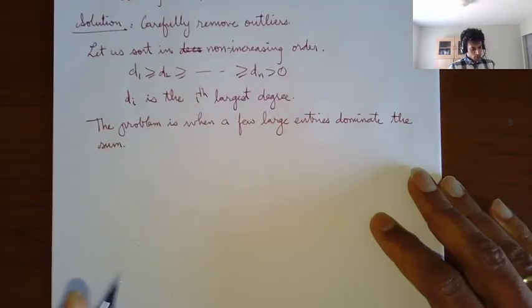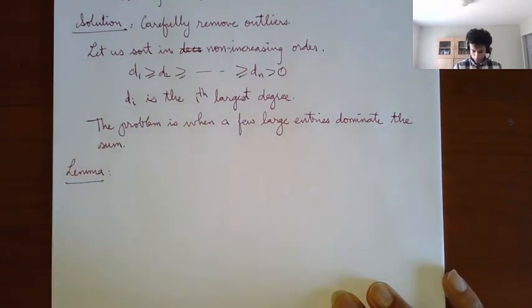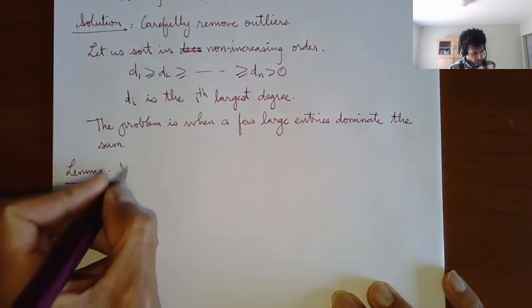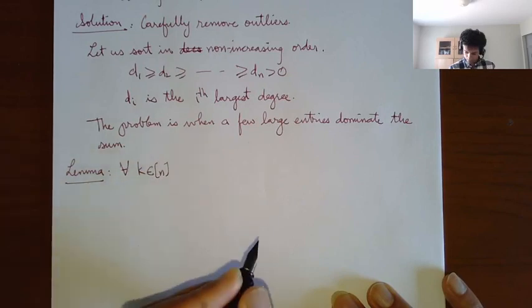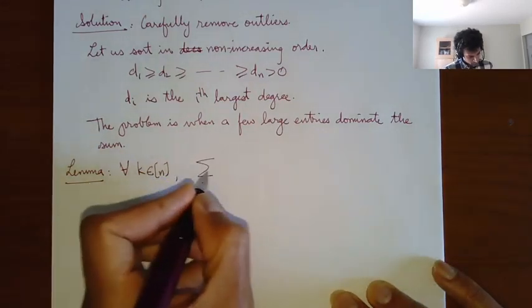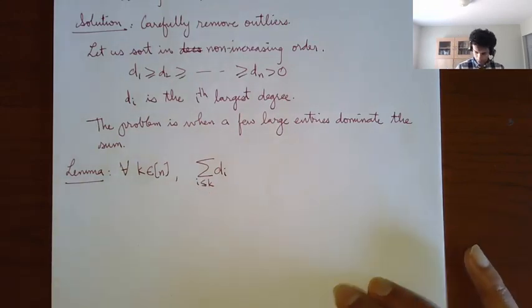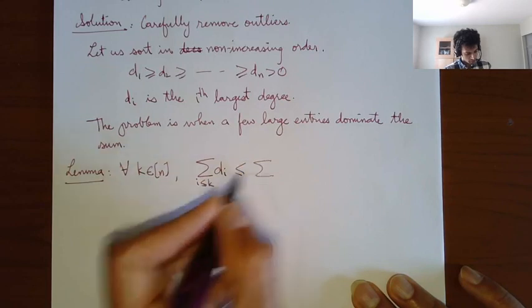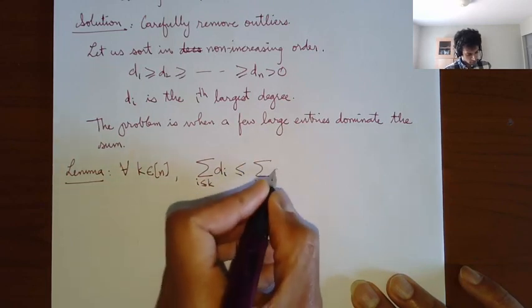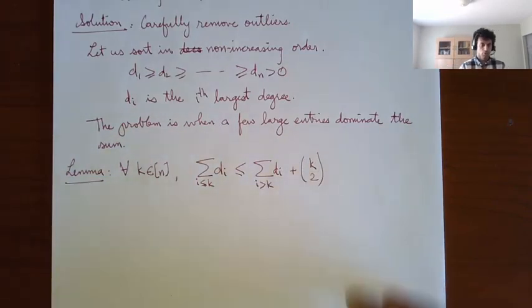And so towards that, you can apply the following lemma. For all k and n, the summation of the top k degrees is at most the summation of the remaining degrees plus k choose 2.